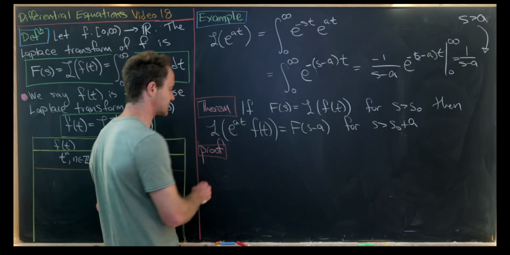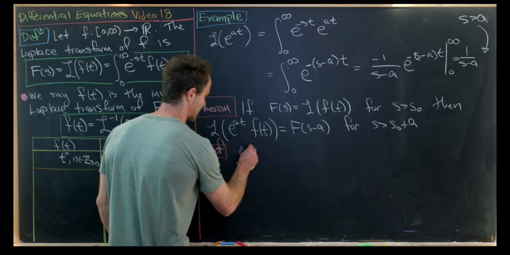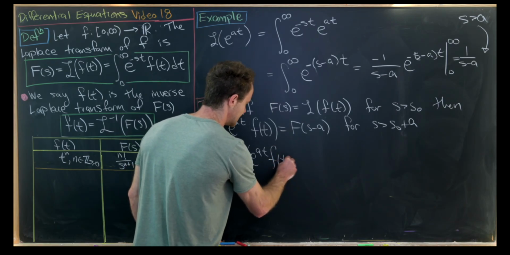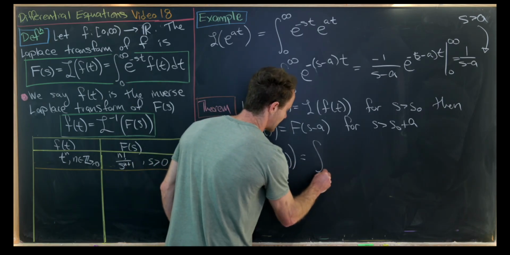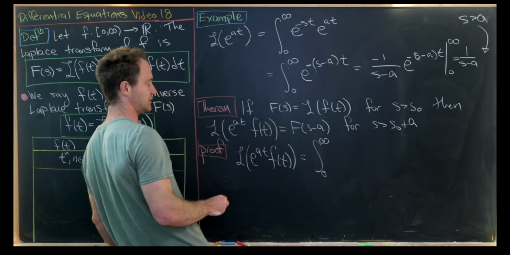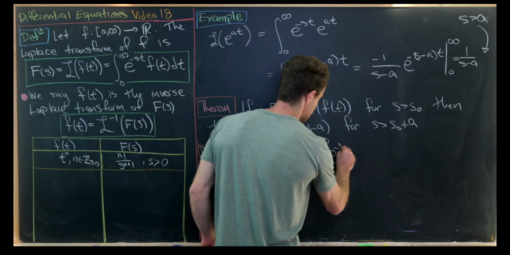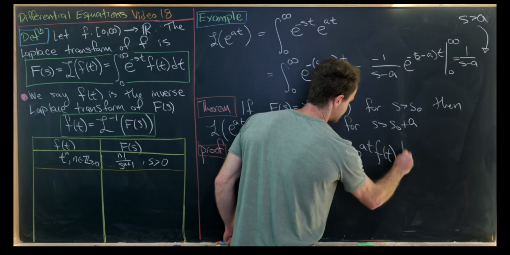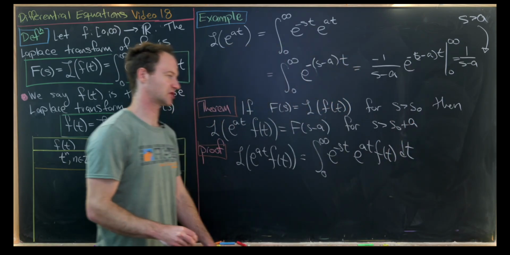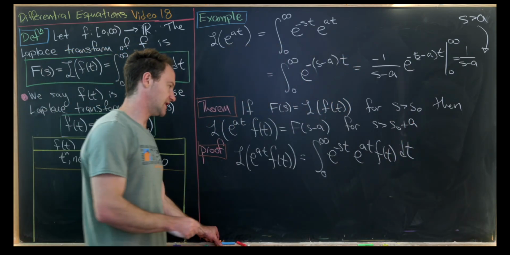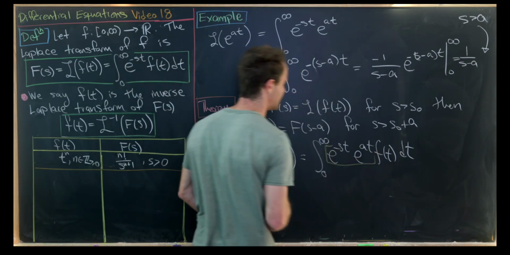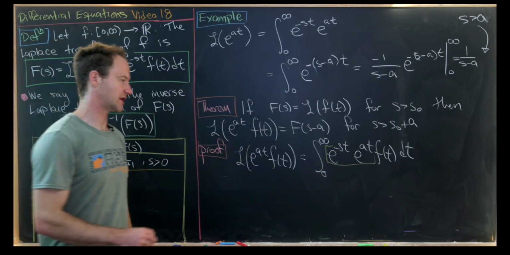Okay, so let's see how this goes. It's actually a fairly straightforward calculation. So the Laplace transform of e to the at times f of t will be equal to the integral from 0 to infinity of e to the minus st, e to the at times f of t by the definition of the Laplace transform. Then next up, we'll take these two exponential functions and put them together much like we did over here.